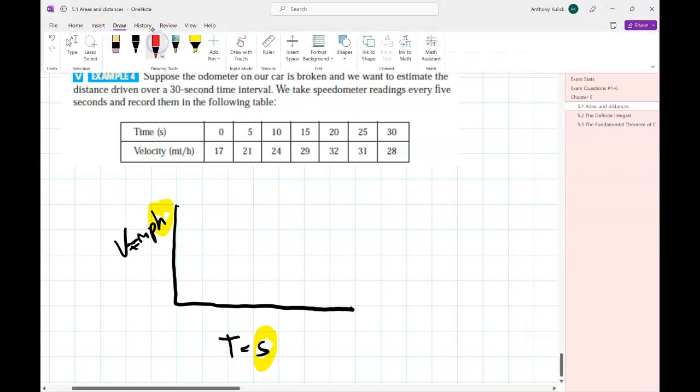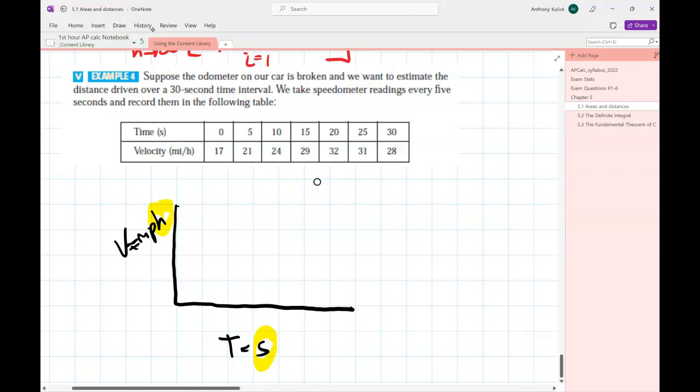So what do you think is going to be easier? Should I convert the velocities into per seconds or the times into hours? Right, either one would be fine. Everybody agree?